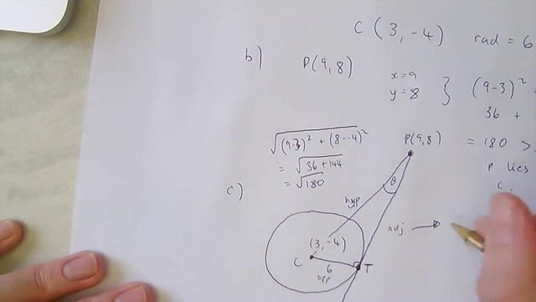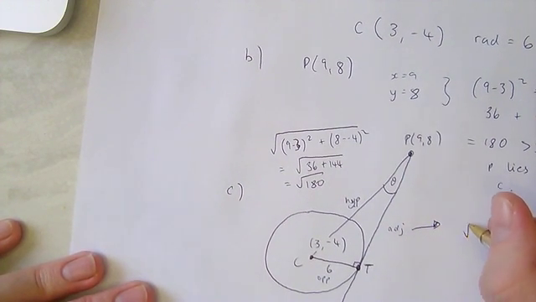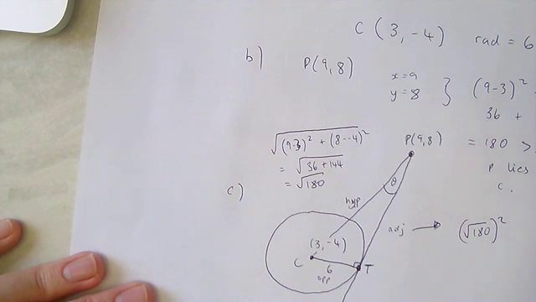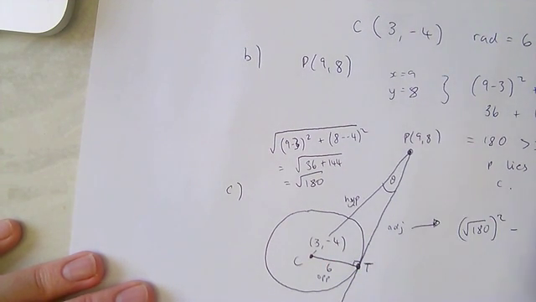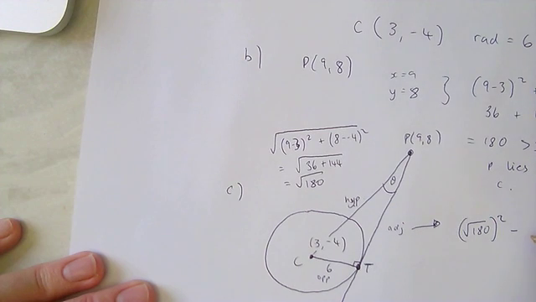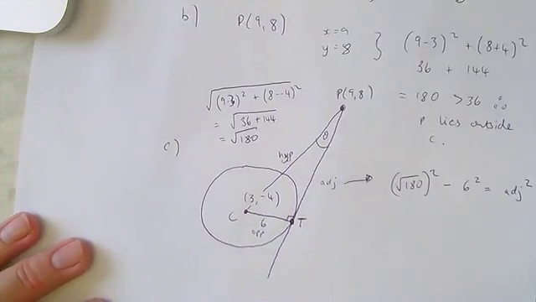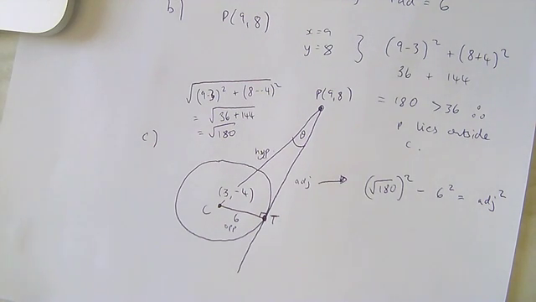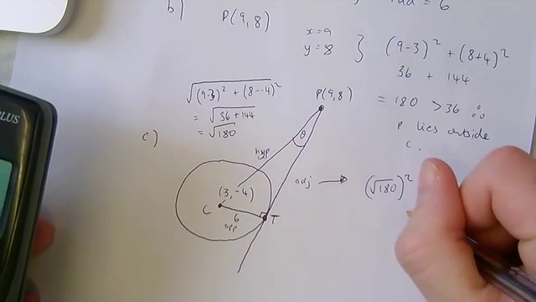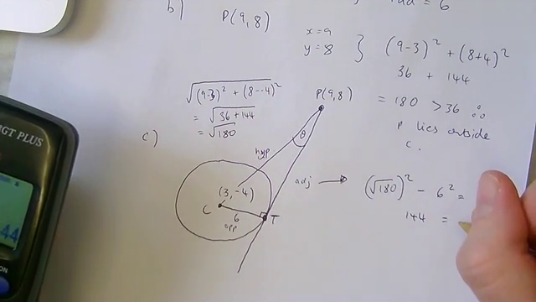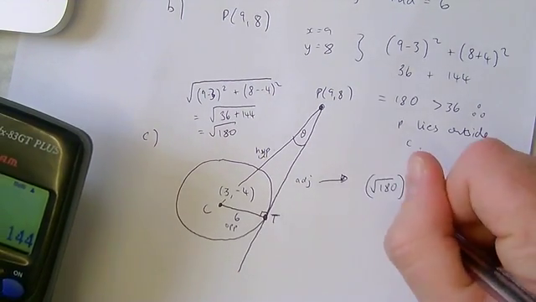So to find the adjacent, it would be root of 180 squared, take away 6 squared, equals the adjacent squared. So that's 180 take away 36, which comes to 144, equal to the adjacent squared, so square root that.